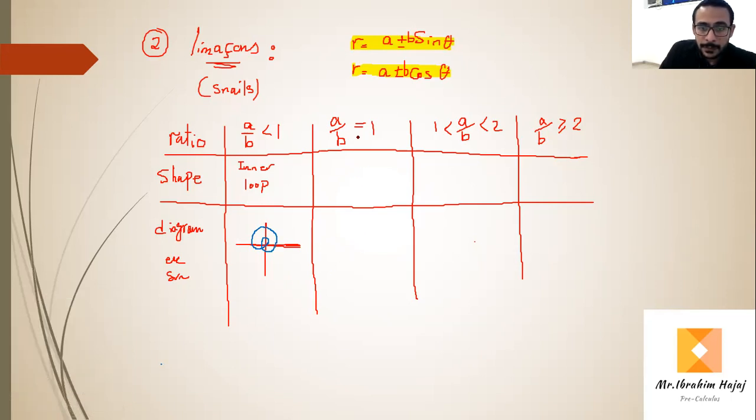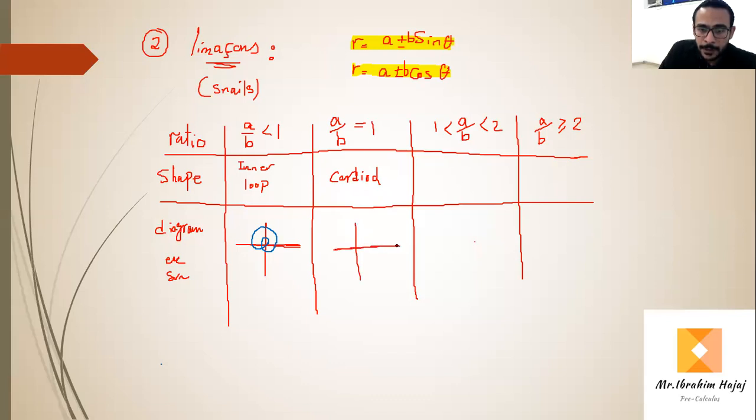When the ratio of A over B, discarding the signs of A and B, is 1, it's a cardioid. What's the shape?